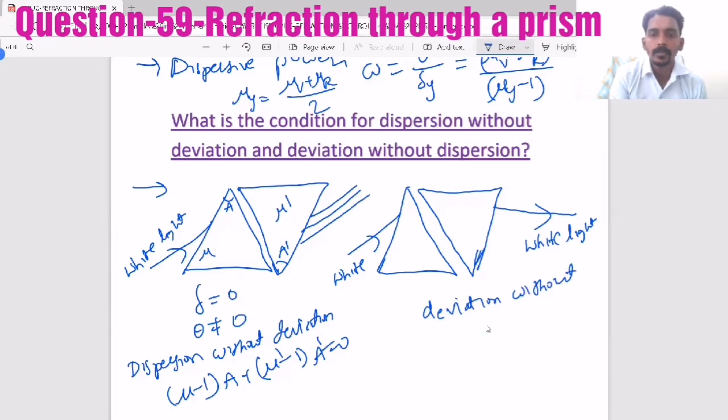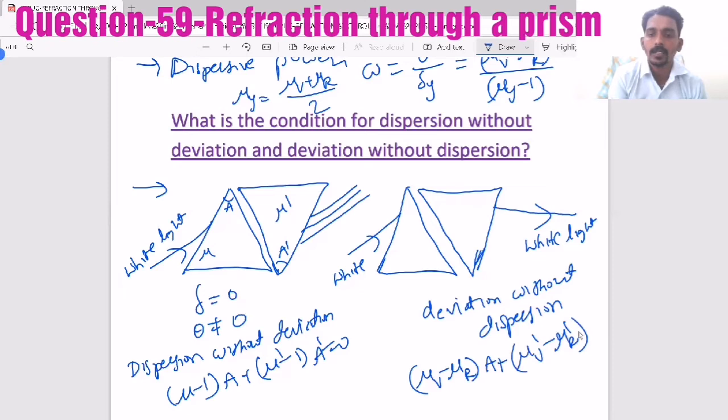That means (mu V minus mu R) times A for the first one plus (mu V dash minus mu R dash) A dash for the second one should be equal to 0.